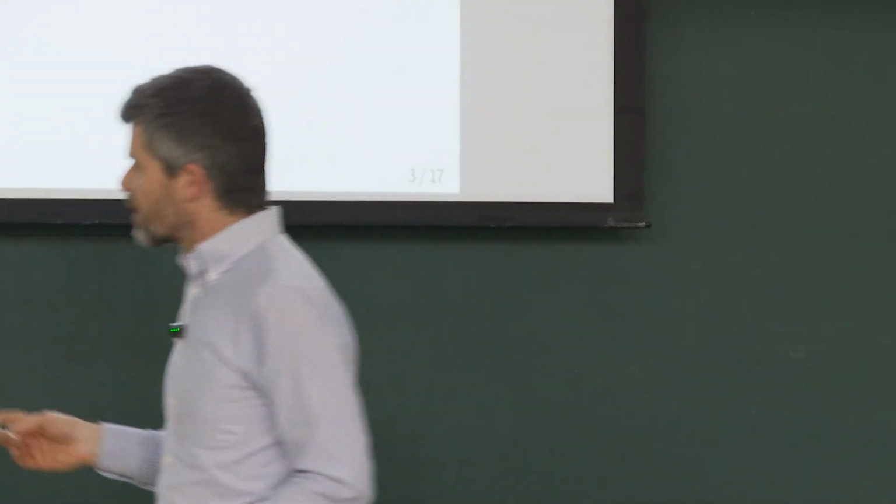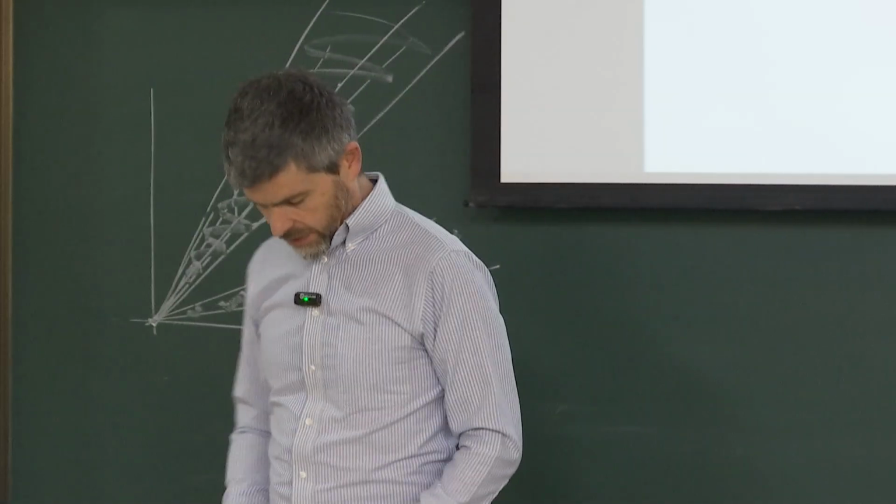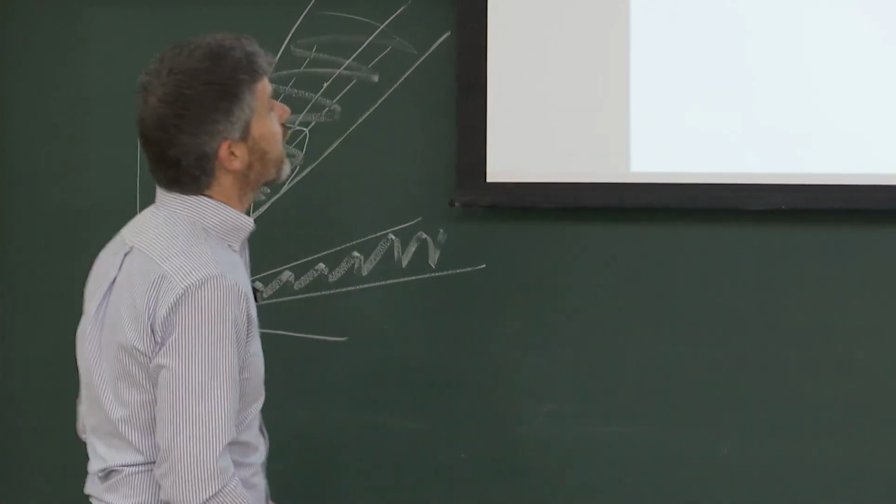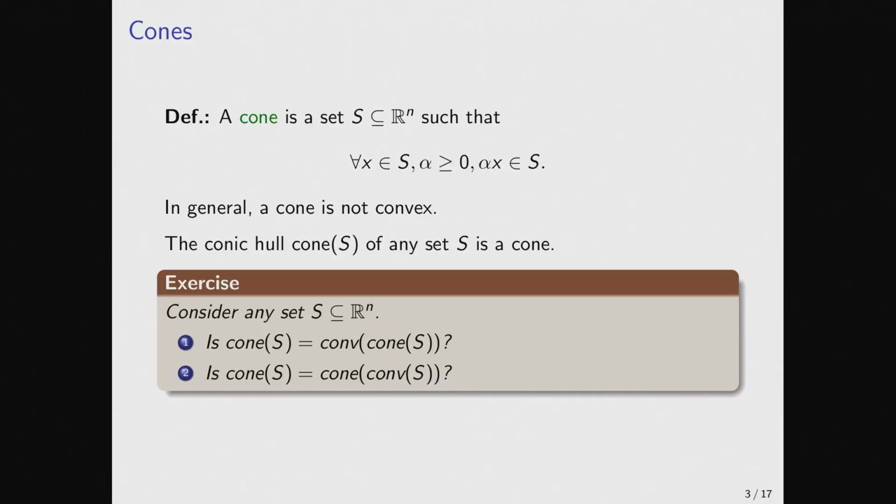We went a bit fast, so let me write stuff here so that we know what we are talking about. What is then the convex hull of any set?